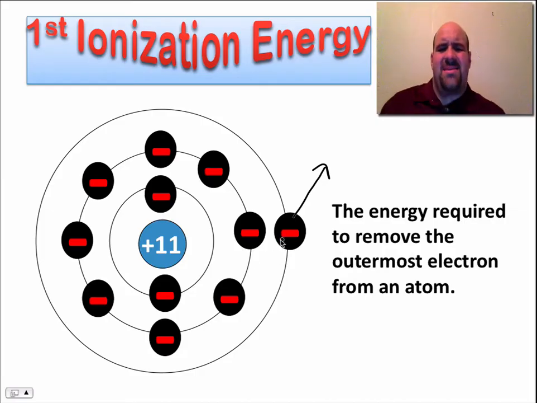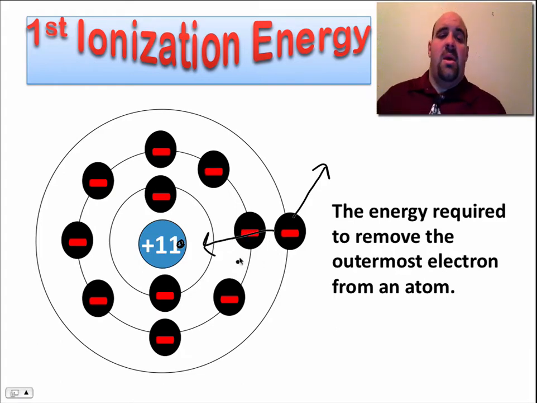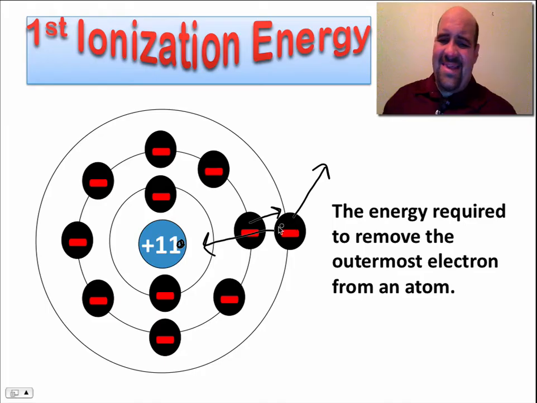And what's keeping this electron here? Well, the nucleus. This nucleus right here is basically pulling it in through Coulomb's law. Opposites are attracting. While simultaneously, all these other electrons are kind of saying, hey buddy, get away from me. So as you might guess, this outer electron is only loosely held. But this is ionization energy.